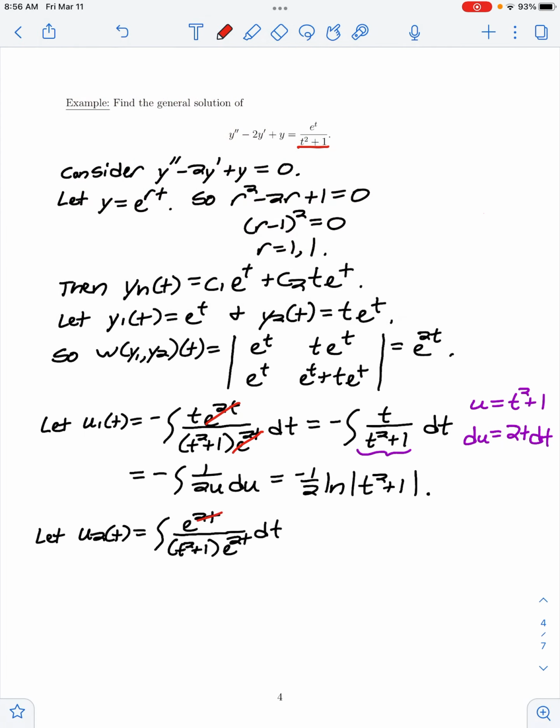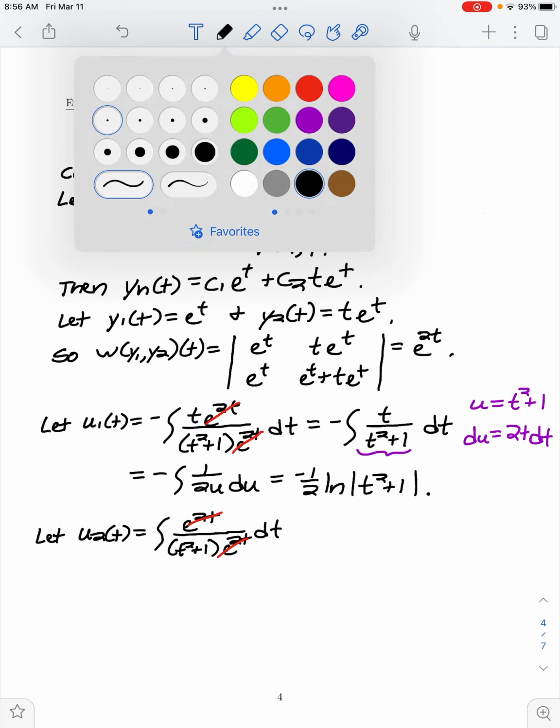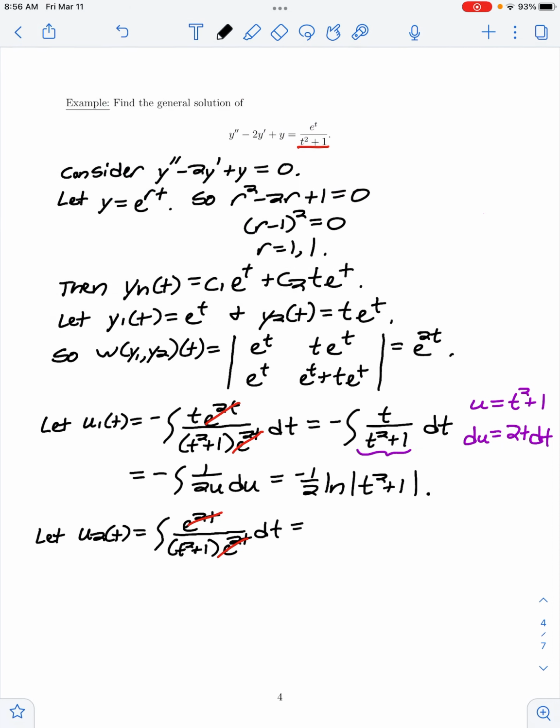So again, we find that a factor of e to the 2t will cancel, and we are left with the integral of 1 over t squared plus 1 dt, which we know is arctangent of t.